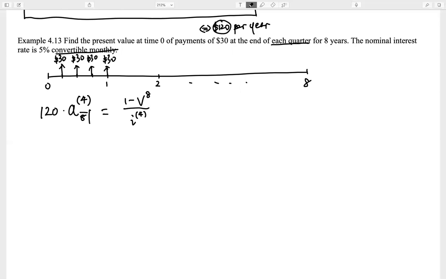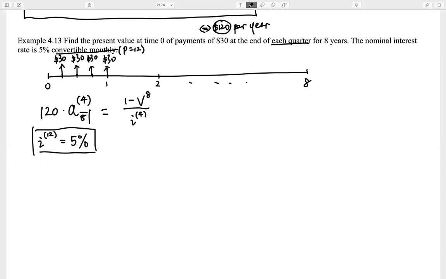But what's given? We know this is 5%. What is 5%? This is the meaning of the last sentence. The nominal interest rate is 5% convertible monthly. Monthly means, in this particular case, P is 12. Right?